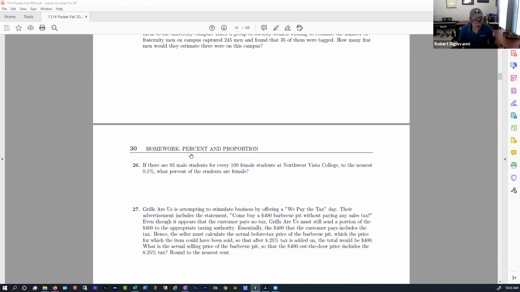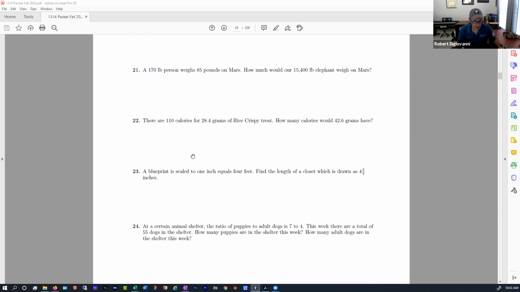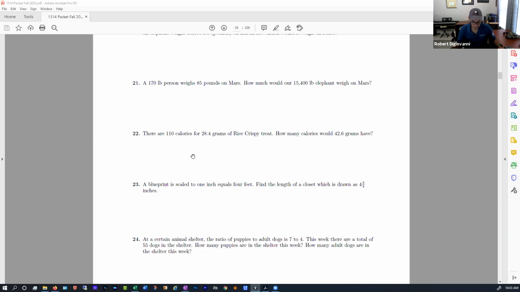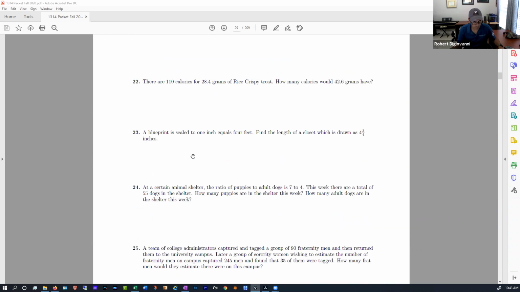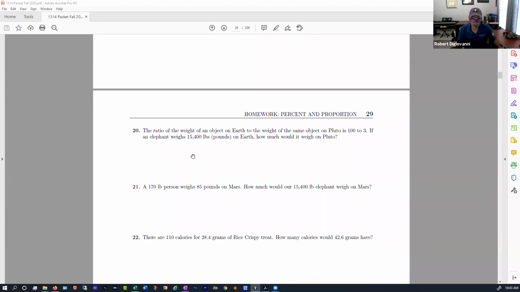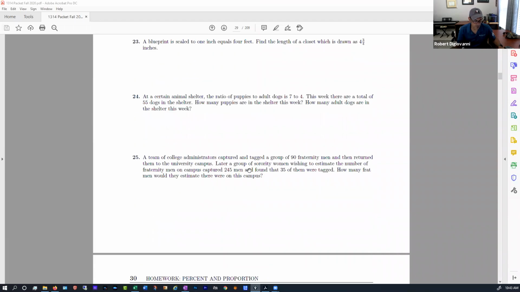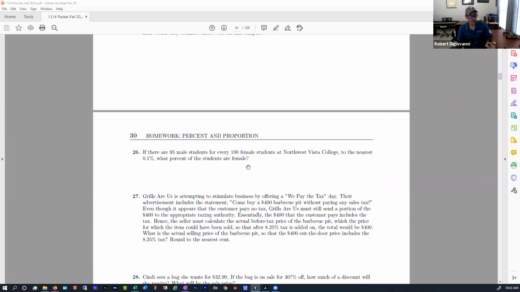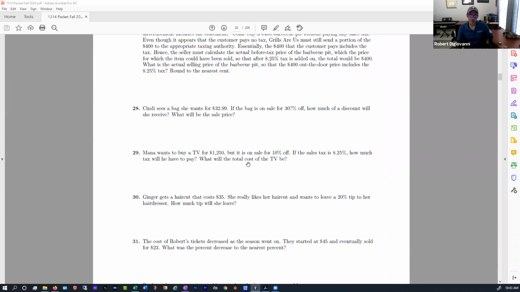So I would say stop at page 29. Finish up through page 29, and everything from 30 on, just hold off on because we haven't talked completely about that yet.